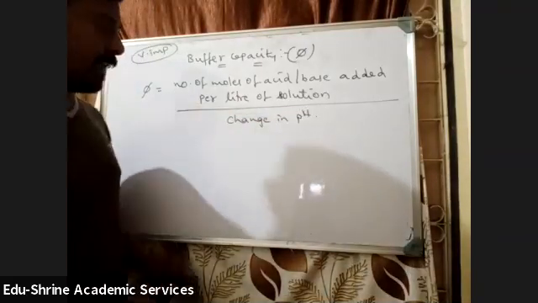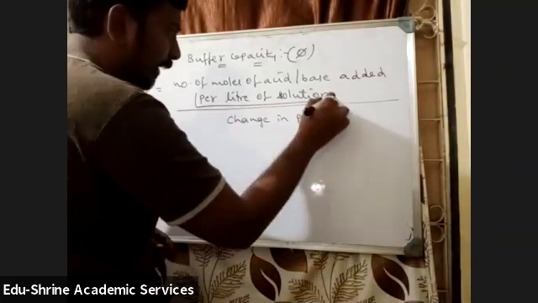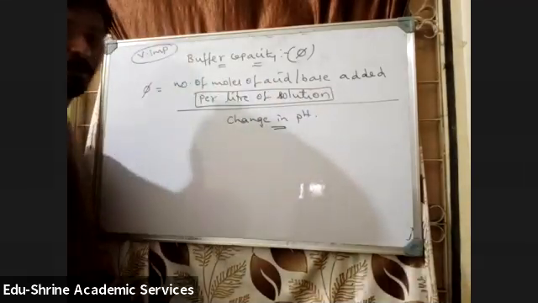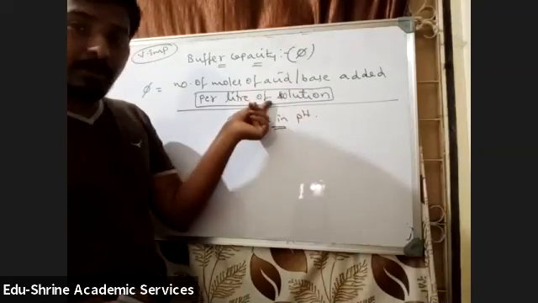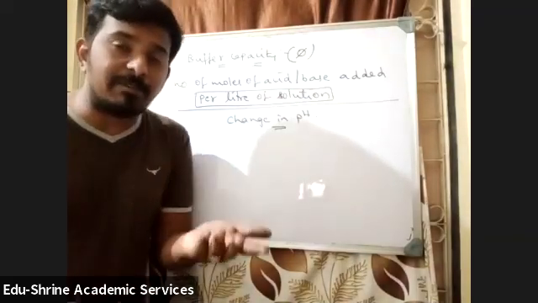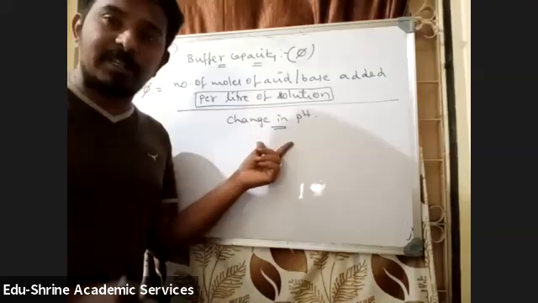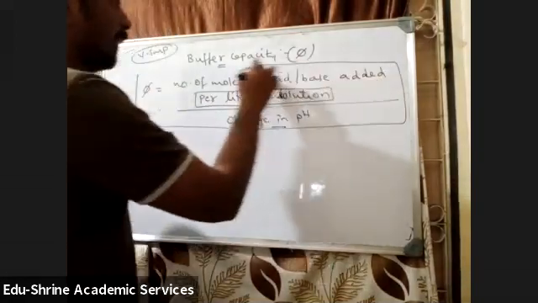This is important: per liter of solution by change in pH is known as buffer capacity. Just take the number of moles they have given, and calculate it per liter. They will be giving for 100 ml or 200 ml. Calculate per liter, identify the difference in the pH, substitute it in the formula, and you will get the buffer capacity.